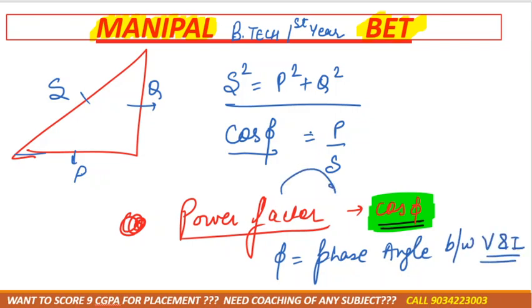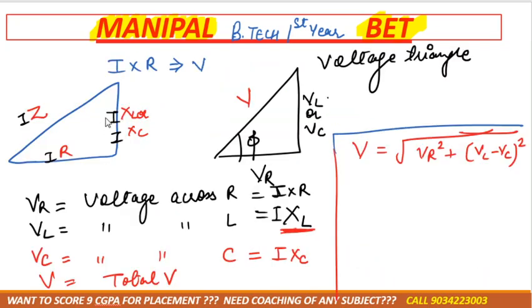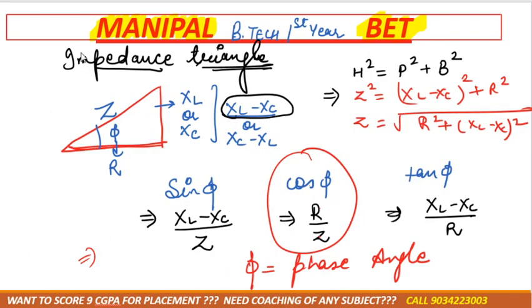Power factor is cos phi. So if you have P and S, you can get power factor by this formula. If you have voltage, then you get power factor by this formula, like cos phi is VR by V, right? If you know the impedance triangle, then you get power factor by this formula. So that depends on the condition, what they have given and what they have asked. Got it? Clear?